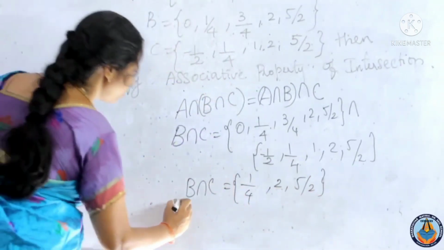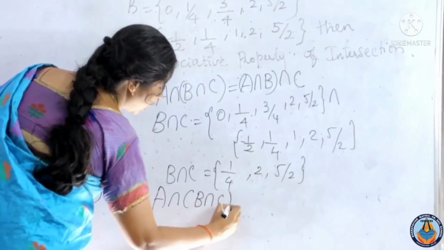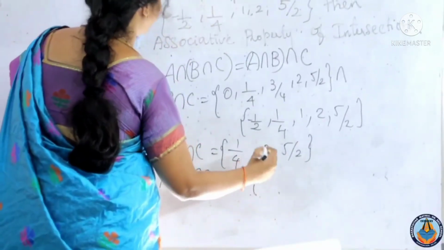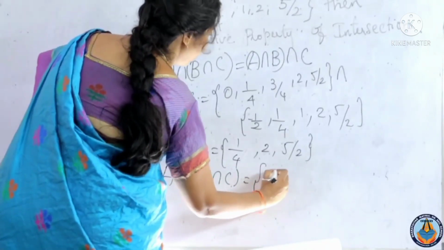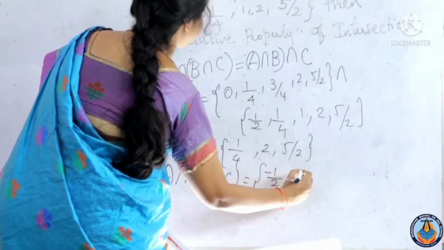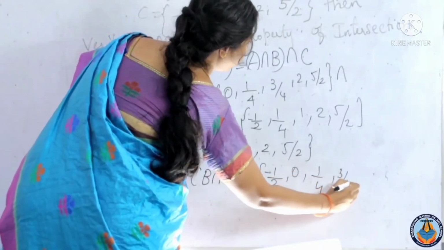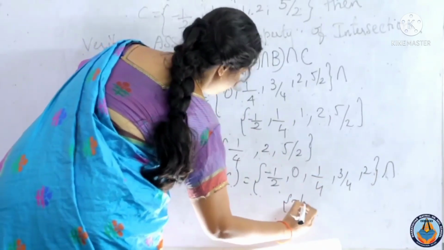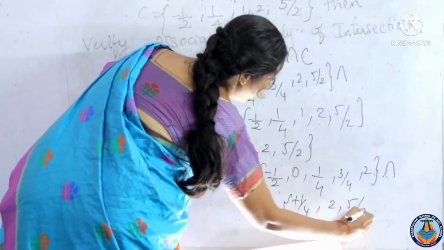Now next, find A intersection B intersection C. For A, you have to find the intersection with B intersection C. -1/2, 0, 1/4, 3/4, 2 intersection 1/4, 2, 5/2.